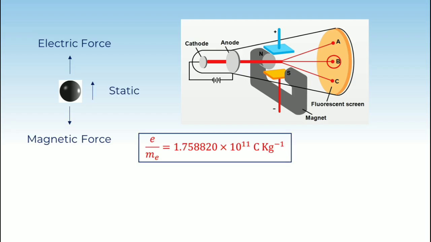Then we can find the e/m ratio. That value is 1.758820 × 10^11 coulomb per kg. Here e is the charge of the electron, that is negative, and m is the mass of the electron.